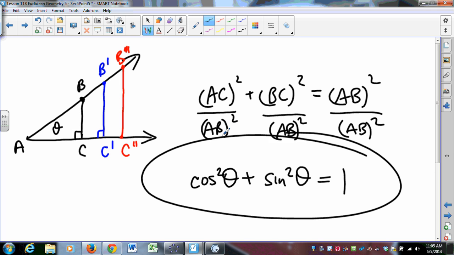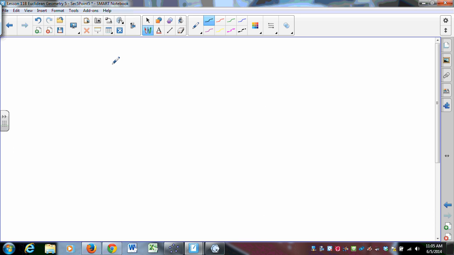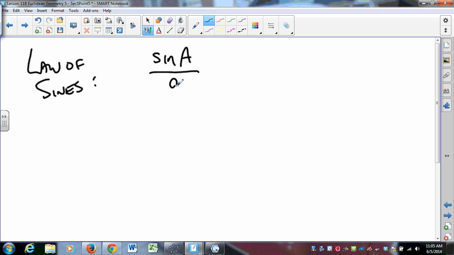So you get the familiar theorem from high school trigonometry using nothing more than the Pythagorean theorem and a couple of trig ratio definitions. There are a couple of things that you should know about trigonometry. You should know that there's this thing called the law of sines. If you're British, it's called the sine rule. And the sine rule says that the sine of any angle of a triangle over its opposite side length is equal to the sine of some other angle in a triangle over its corresponding side length.